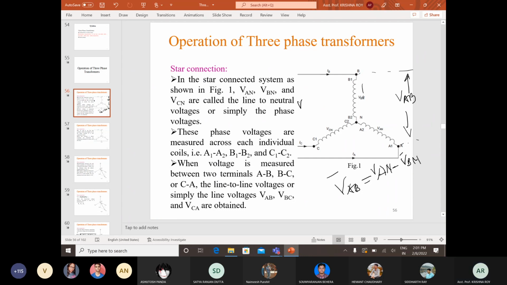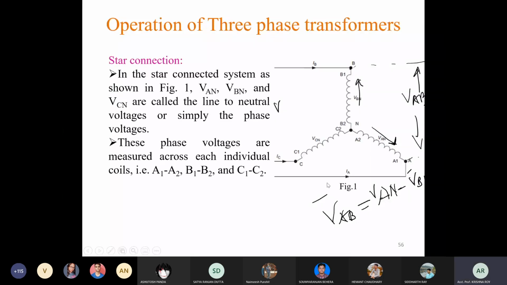Suppose from neutral to the terminal is the positive direction, so this one is opposite in direction. So the phasor sum of these two will give you the line voltage across AB terminals. Okay, so this we can write from here.